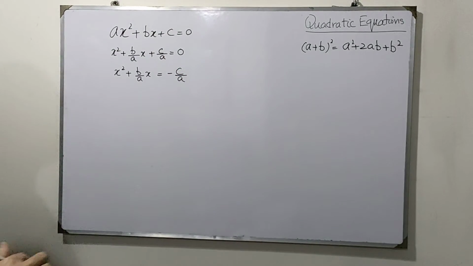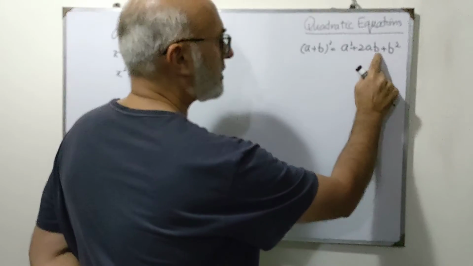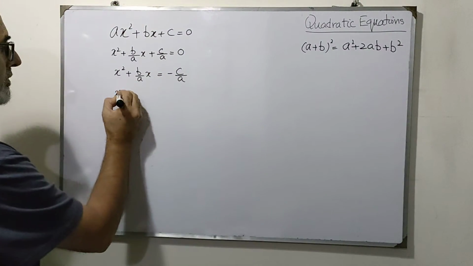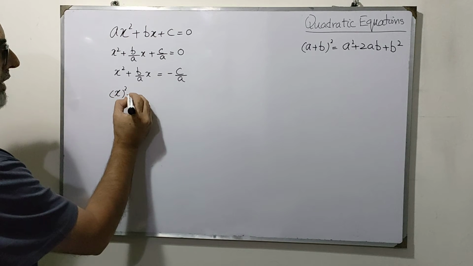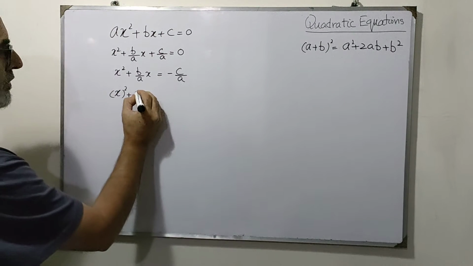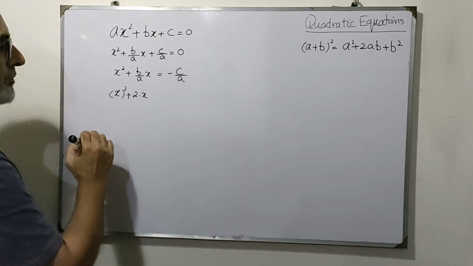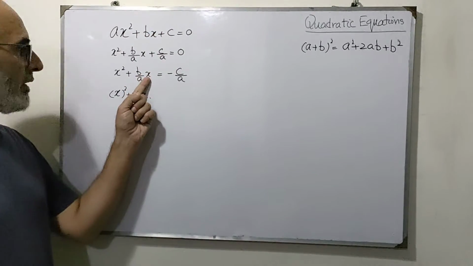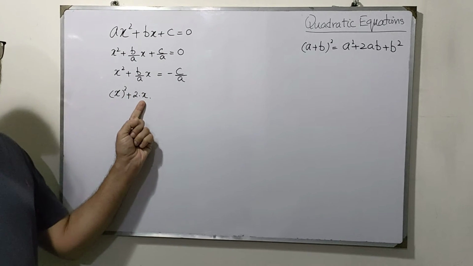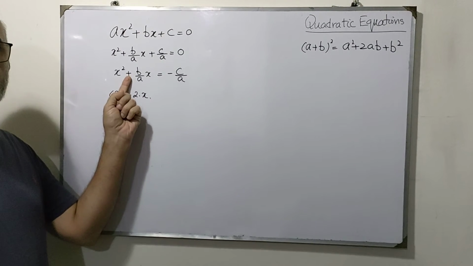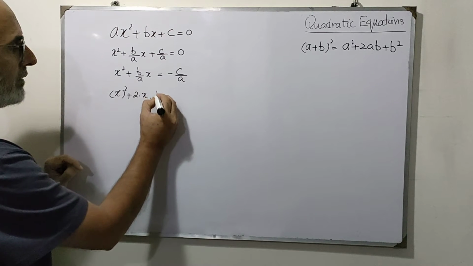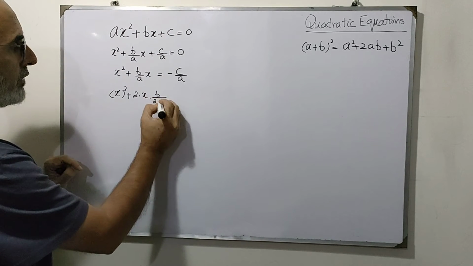Now let's make this term 2ab. So first is x square, then plus 2 into x, then you see I have x here, but I don't have a 2 here. What I need is b over a, so I'm going to multiply with b over 2a.